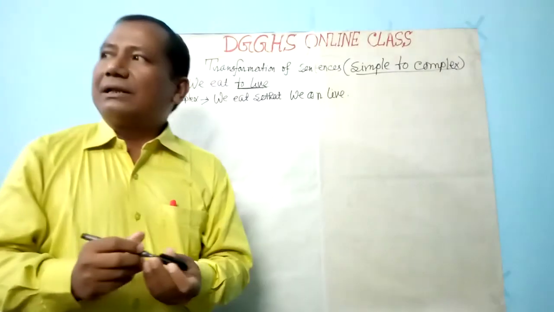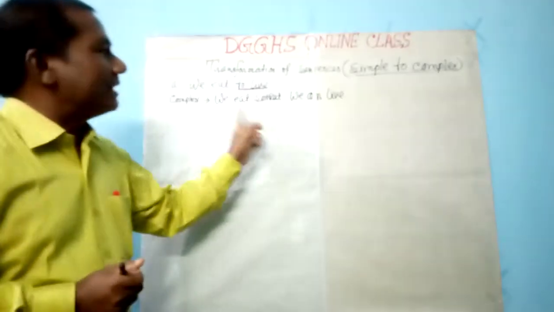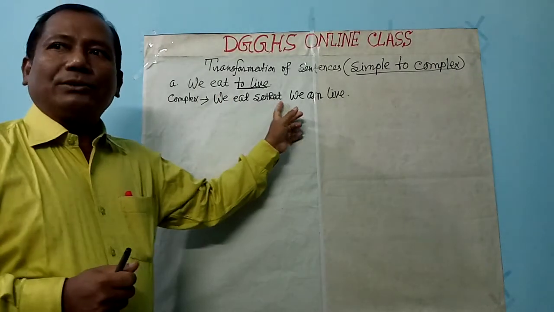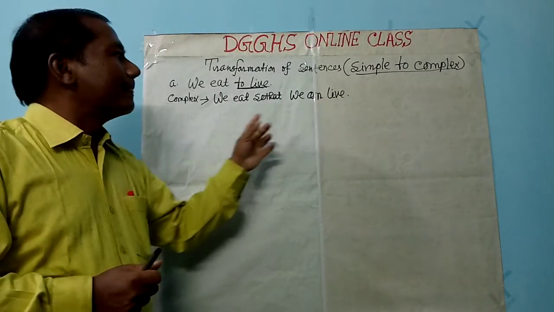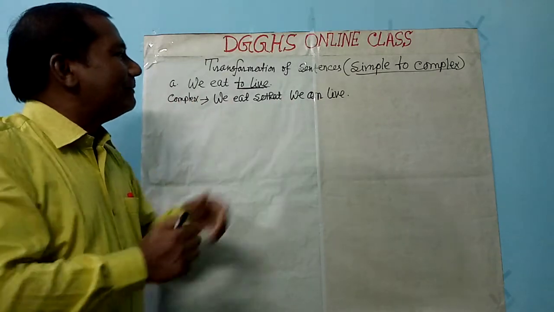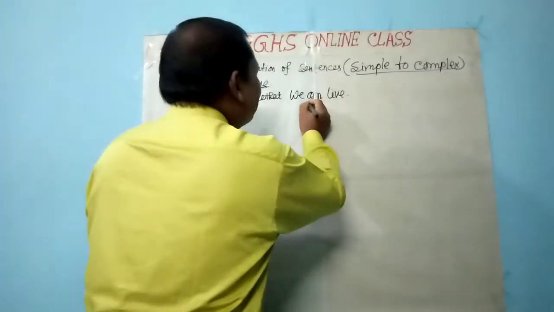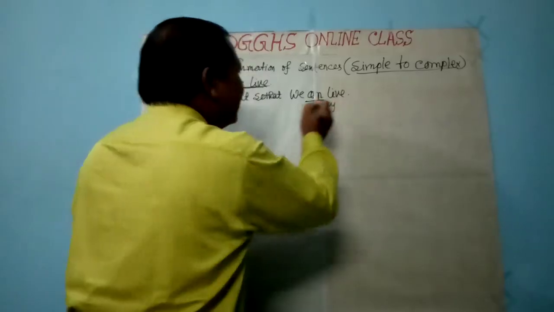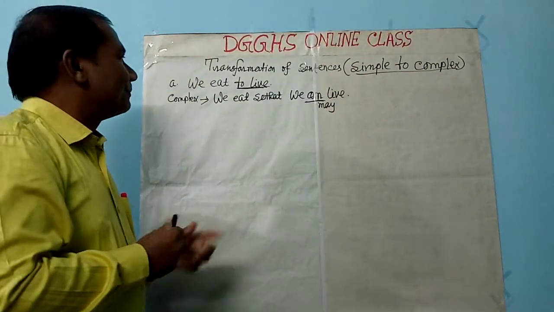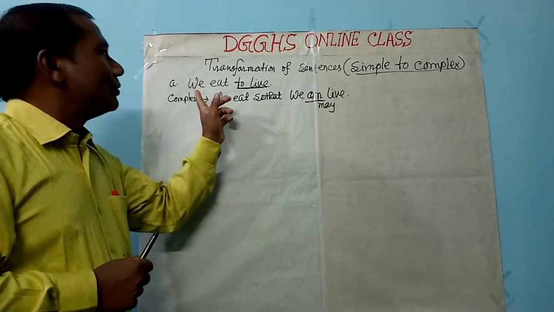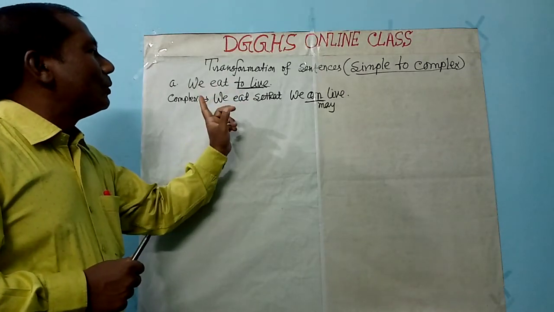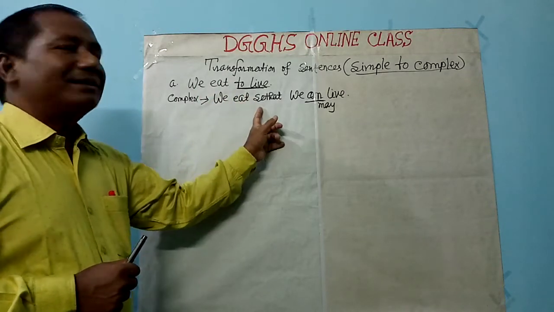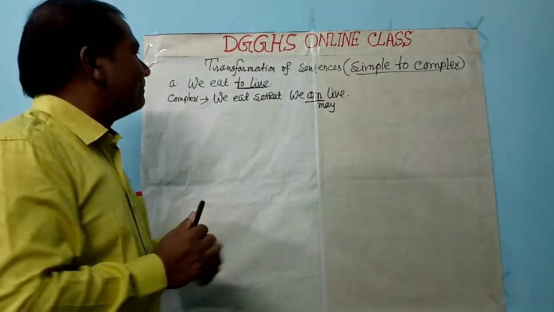You can use here 'we eat so that we may live.' Here you can use 'may' in place of 'can'. Understand? So, we eat to live. We eat so that we can live.